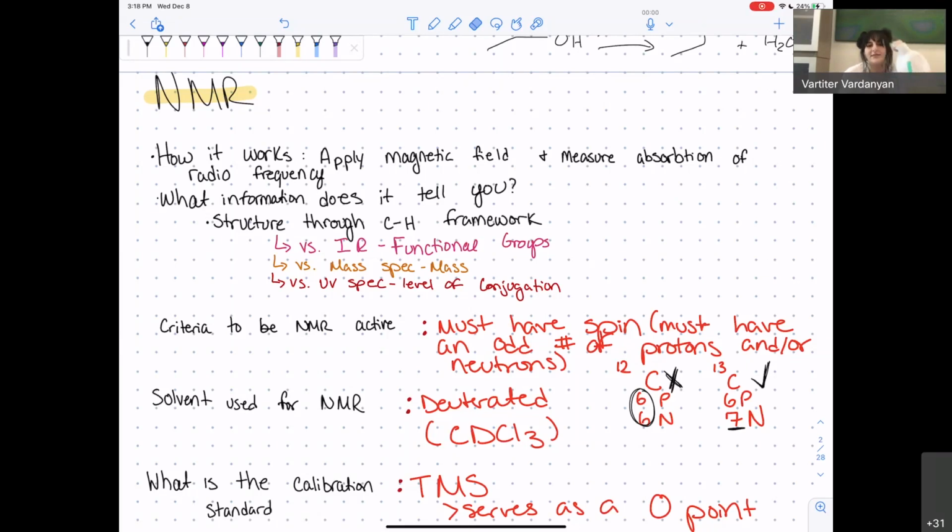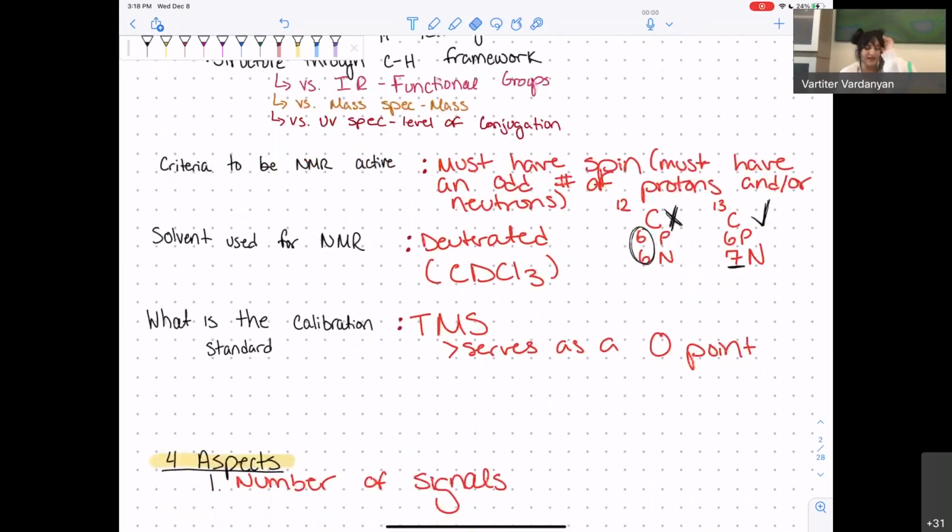All the NMR stuff I have filled out for you because we covered this a bajillion times, but I know it was a long time ago. So, rapid fire review: criteria to be NMR active, you have to have spin. What spin means is you have to have an odd number of protons and or neutrons.